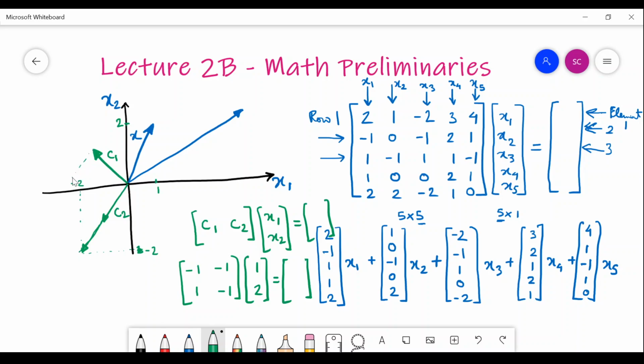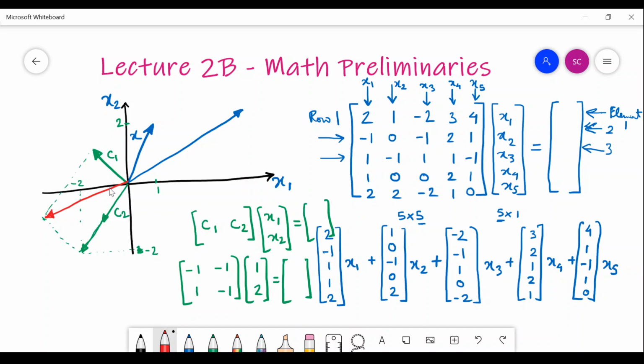The summation of these two vectors, so that this diagonal would be the final answer. So you can understand what has been done now.